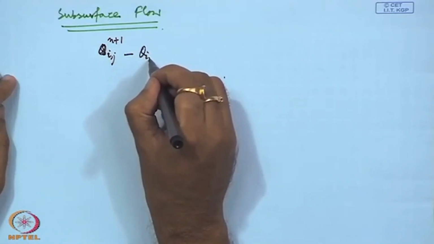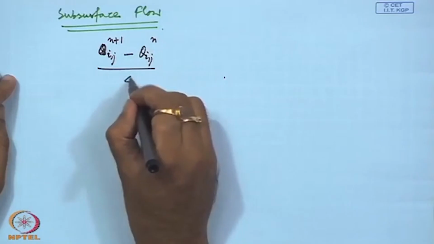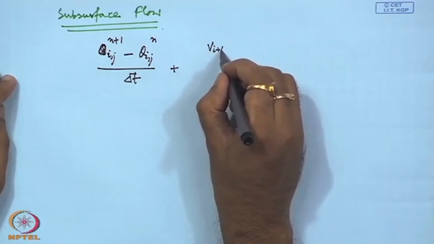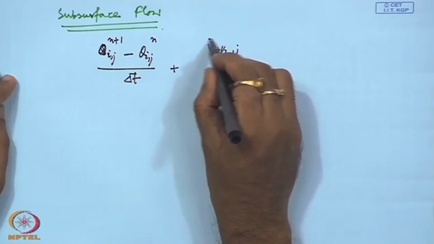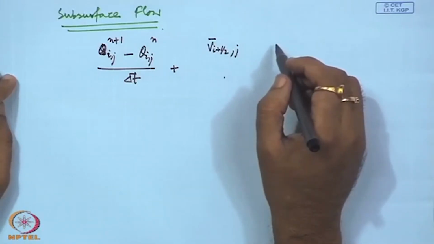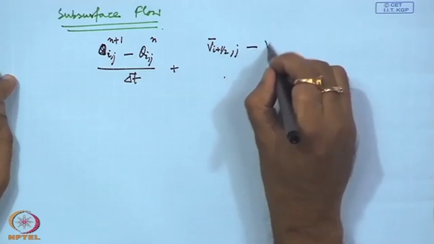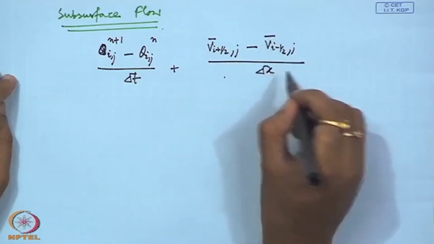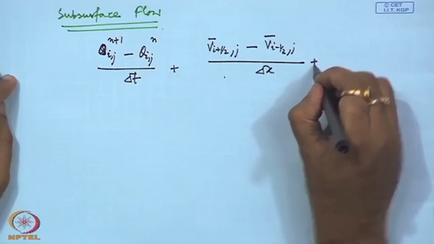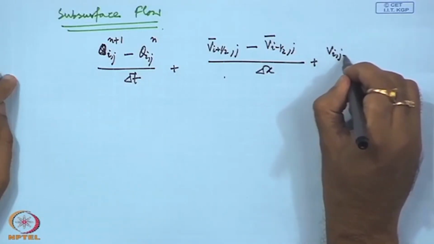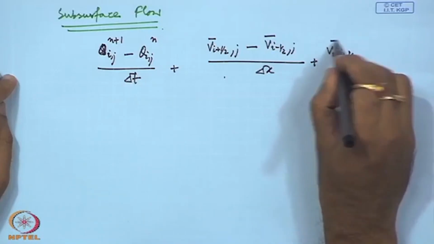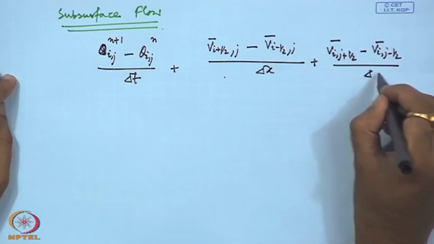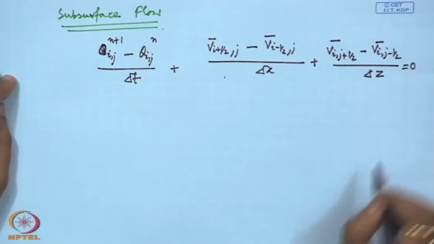So, theta i j at nth level, this is basically V i plus half j bar, where bar represents time averaged values, and V i minus half j, plus we have V i j plus half, V i j minus half bar divided by del z equal to 0.